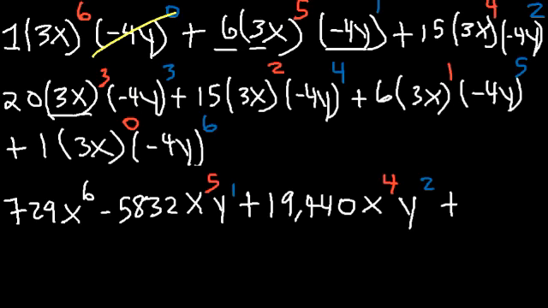So we have 3 to the 3rd, which is 27 times 20, that's 540, times 4 to the 3rd power, which is 34,560, but it's going to be negative 34,560, x to the 3rd, and then y to the 3rd.